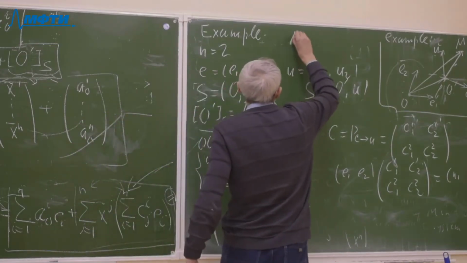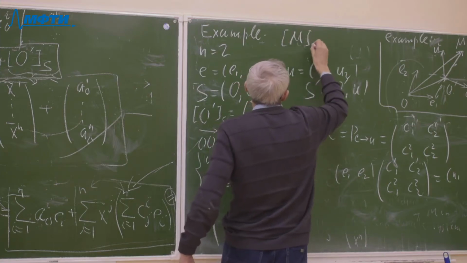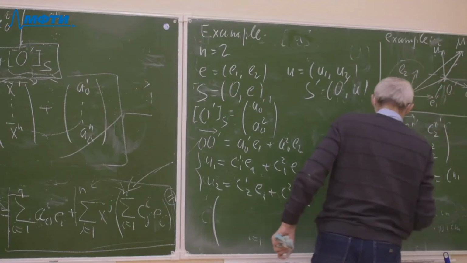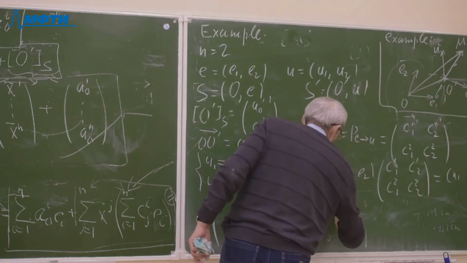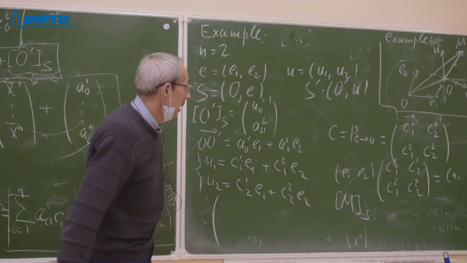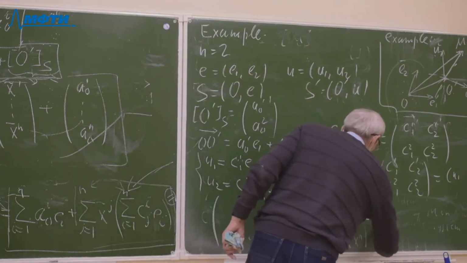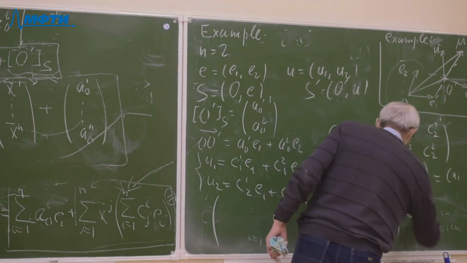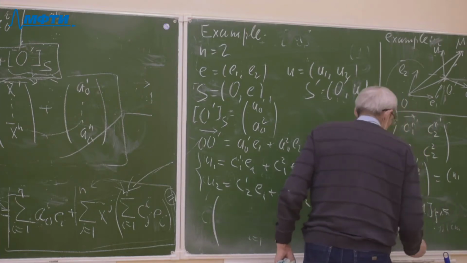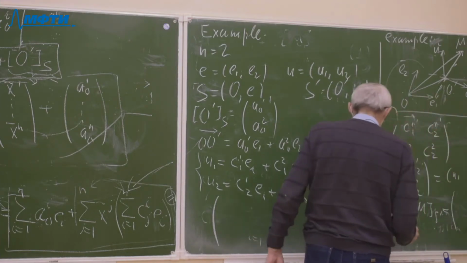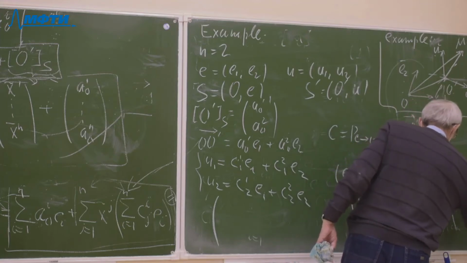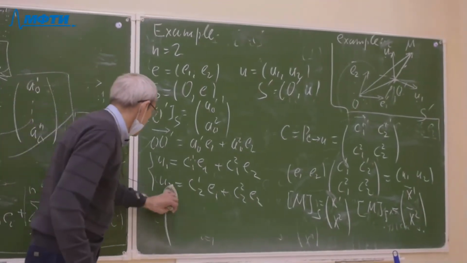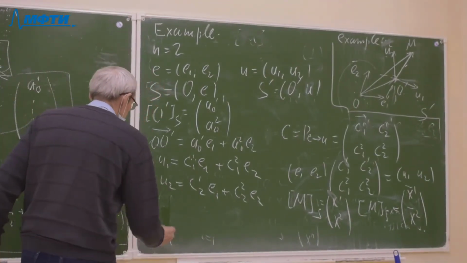Let M be an arbitrary point, with coordinates in the old coordinate system x1, x2, and in the new coordinate system S prime, these coordinates are equal x tilde 1, x tilde 2. And we have the following relation between these coordinates.